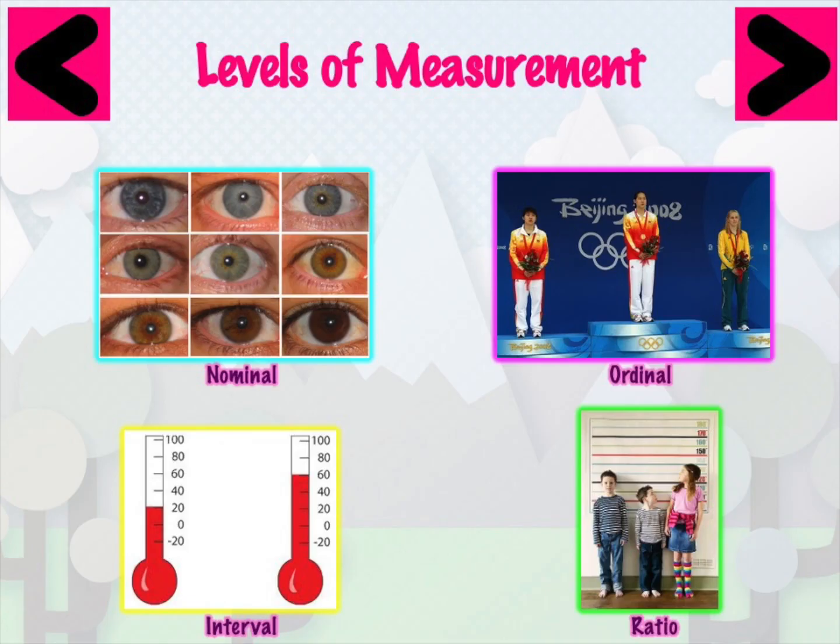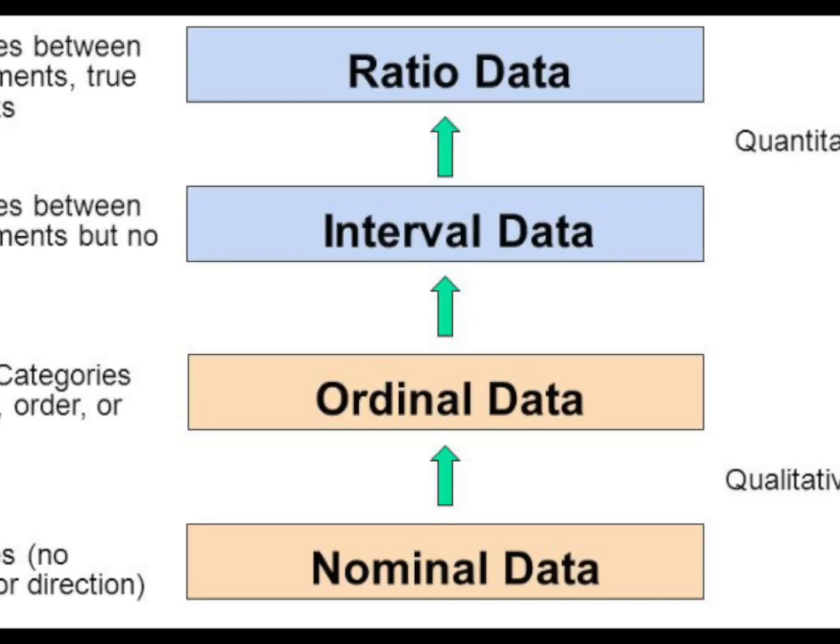The next level of measurement is no longer categorical or qualitative. That was for nominal and ordinal. Now we're moving into quantitative, so numerical data. The first type of quantitative data we're going to talk about is interval. Interval as a level of measurement is where the intervals between the values are equal.